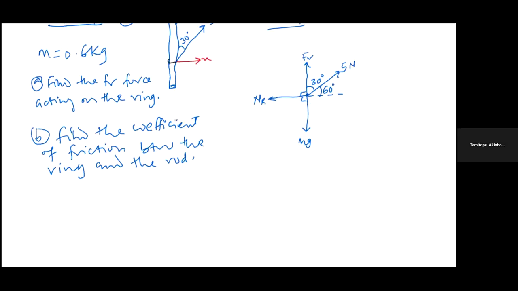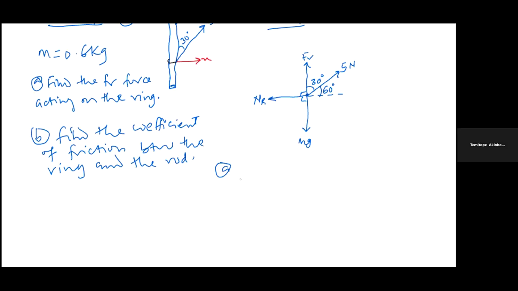Now, if you look at the frictional force, we have it vertically upwards. The 5 Newton force has tendency to act either horizontally or vertically. Because I want to determine the frictional force according to question A, it's advisable I resolve vertically.